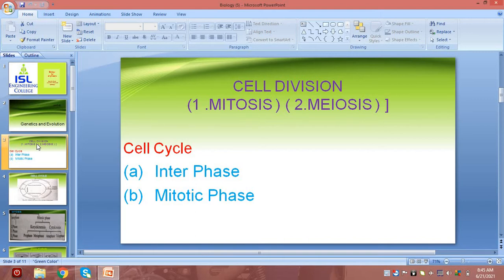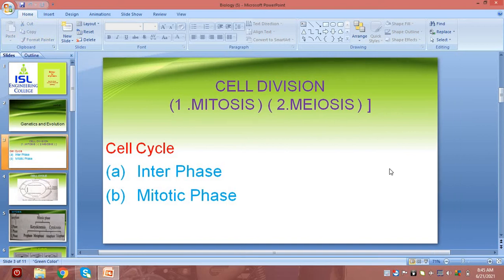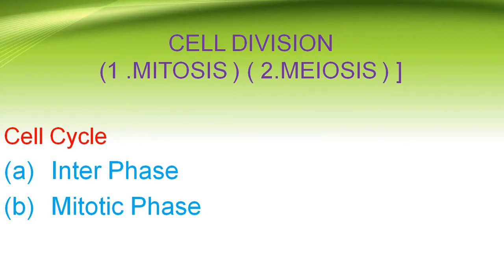Cells will duplicate or show the process of division, and it will finally give rise to two daughter cells by these two processes, that is mitosis and meiosis. This process will mainly help in making new cells for growth and development of all the living organisms.